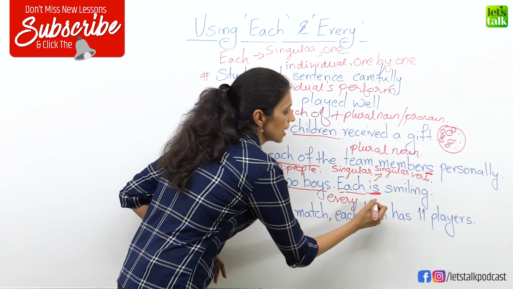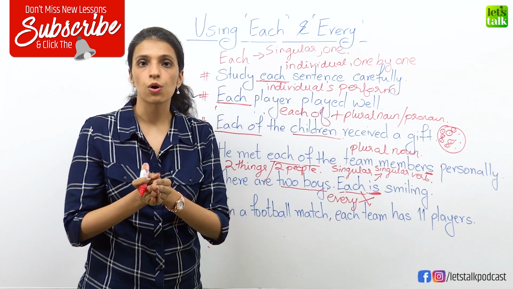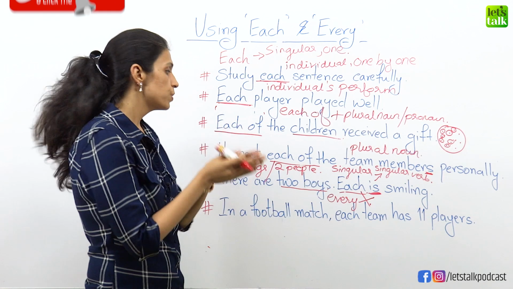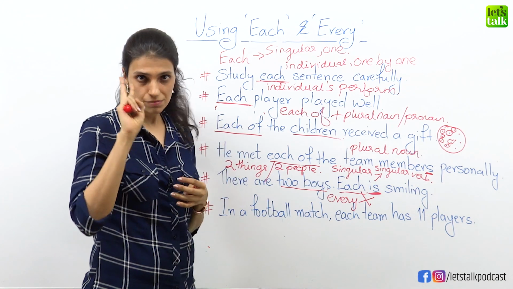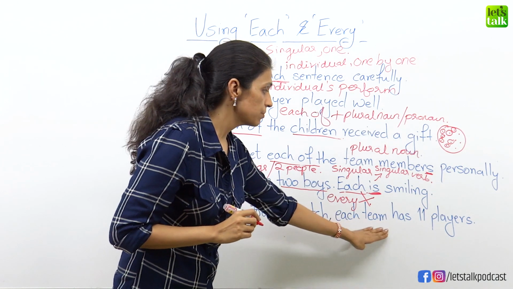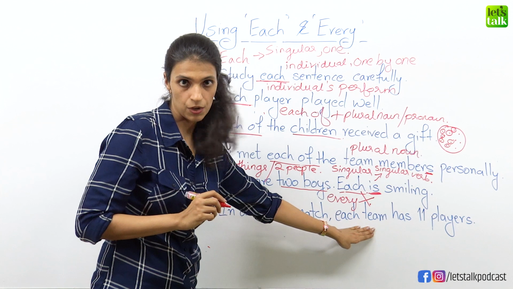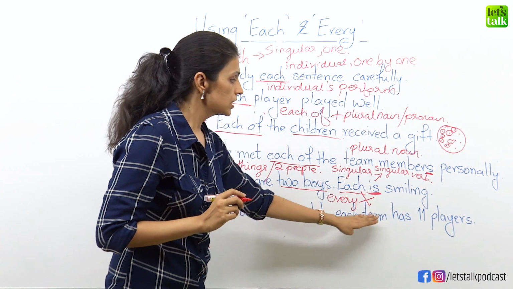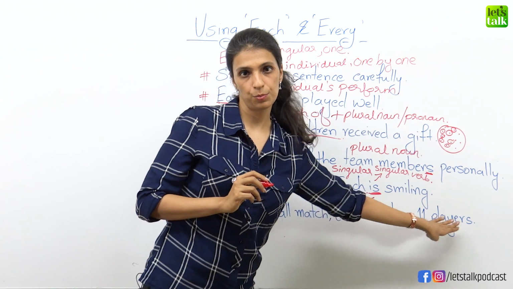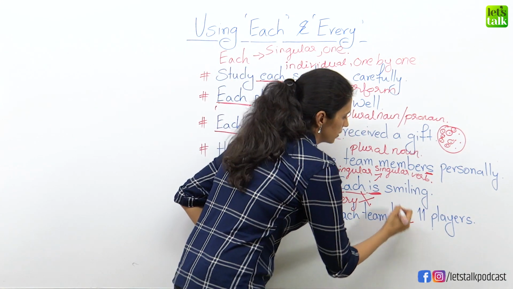No, this is absolutely incorrect, because each is always used for two things, two people, or anything that we talk about. So in a football match, each team, again we have a singular verb because you're talking about each team. An individual team has 11 players, and that is why we use a singular verb.